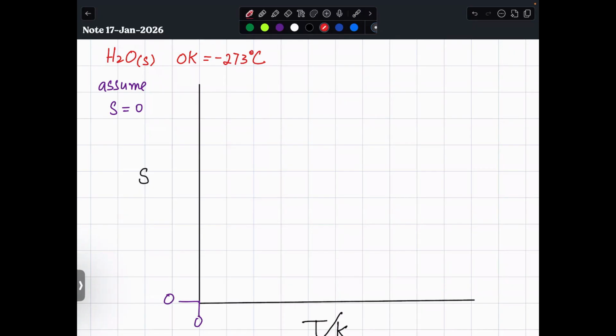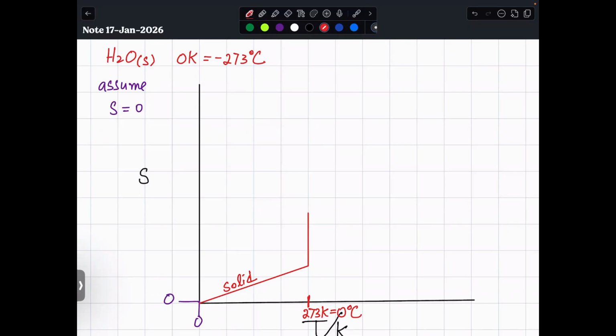Now, when you are increasing temperature, the vibration increases, disorder increases, and at 273 Kelvin, which is 0 degrees Celsius, which is the melting point, it was solid, its vibration increased, but now the solid will start melting.